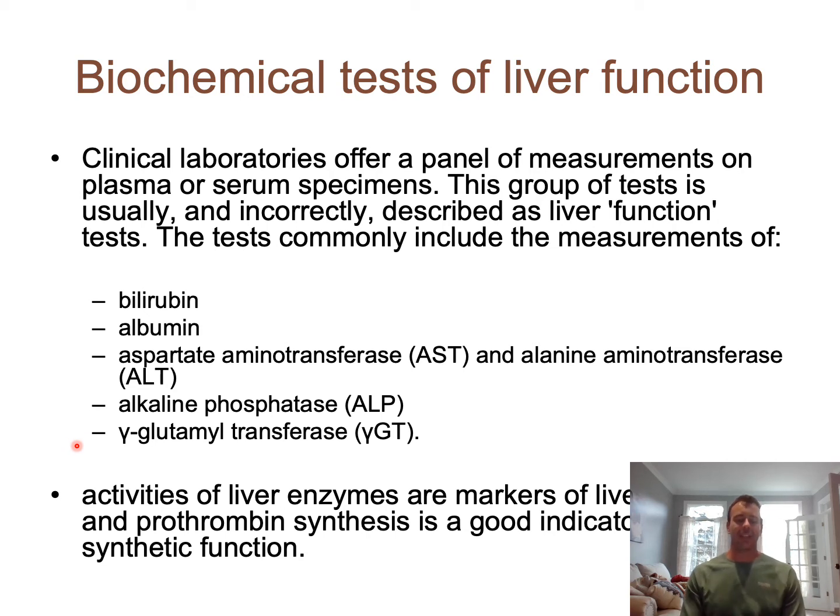These are all activities of enzymes that are made in the liver, or breakdown of heme in the case of bilirubin, and they could be good markers of liver disease. Prothrombin synthesis is also a good indicator of liver function.